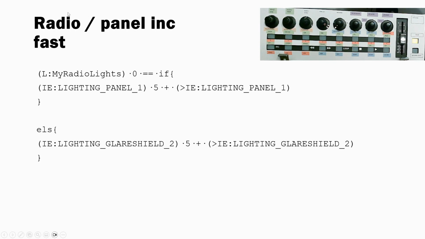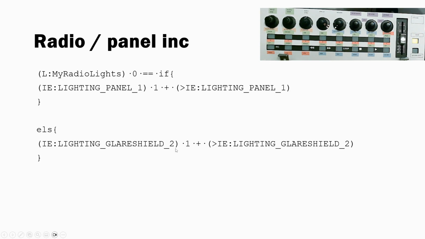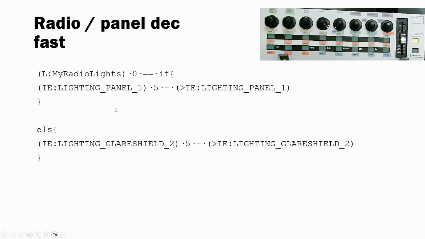Fast version of that, again, if I turn the knob faster, then it'll be doing an increment of 5. So you notice it's called glare shield 2. Decrease, same structure, but we're going to subtract 1 or subtract 5, depending if we're doing the slow version or the fast version.